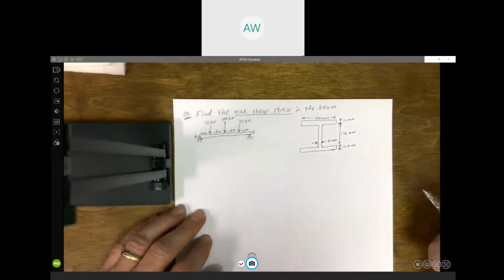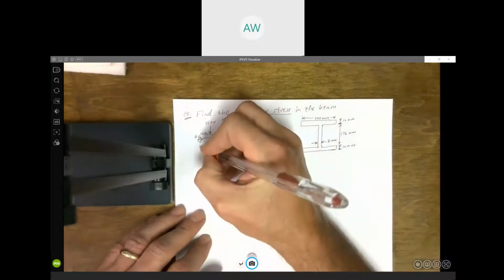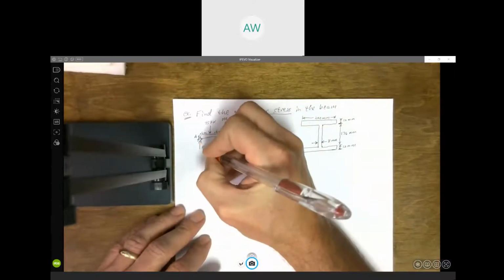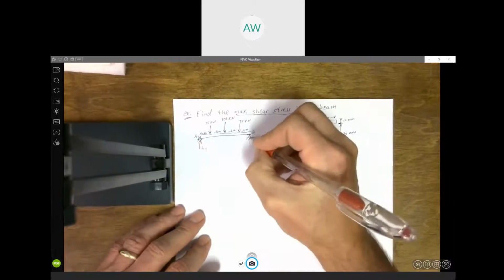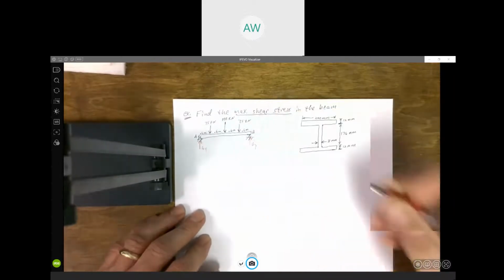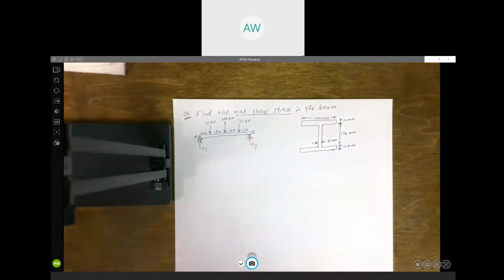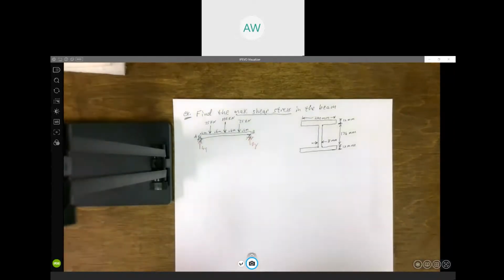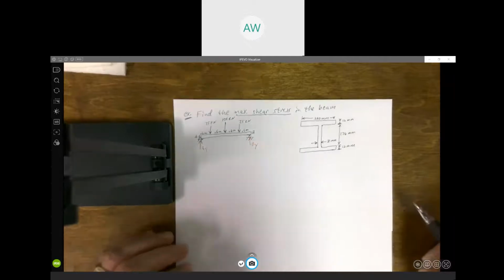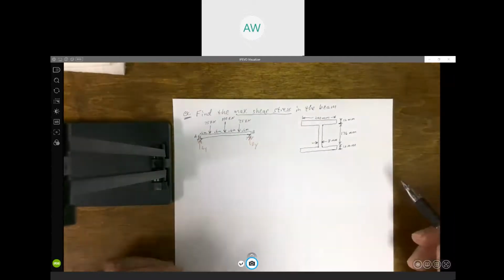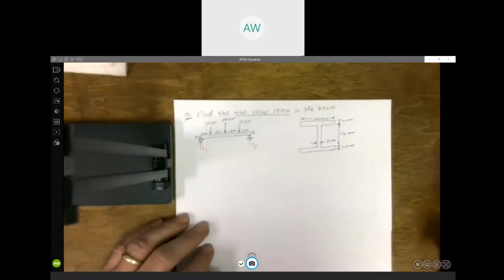To draw my shear diagram, I need to calculate what these support reactions are. Again, AX is 0. I just left it off because we don't have any applied forces in the X direction. But these we should be able to get just from symmetry.